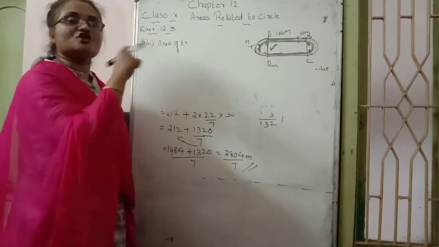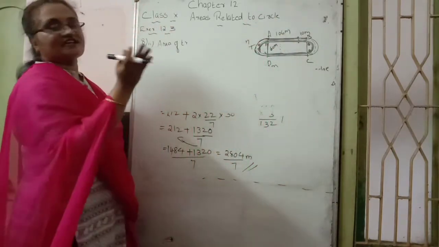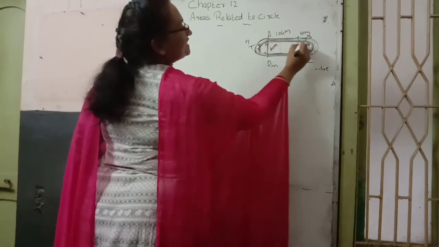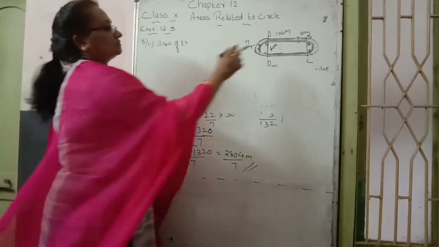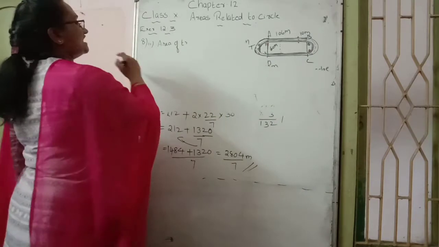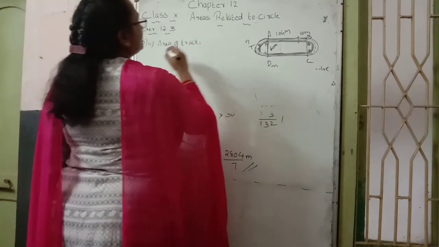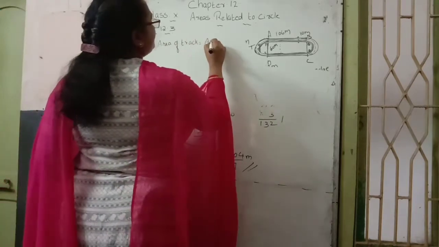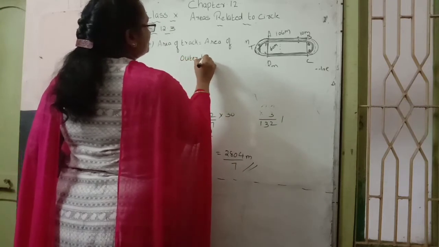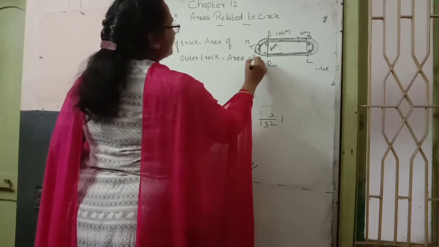How to find the area of that part? The outer portion is subtracted with the inner track. The outer track is this part, represented as the outer part. The outer part is subtracted with the inner part, and then we get this part's area. That's why the area of the track is equal to the area of the outer track subtracted with the area of the inner track.